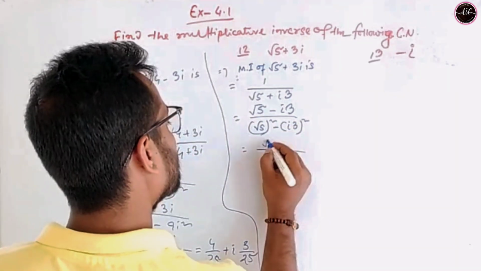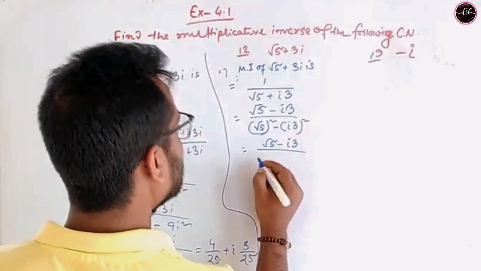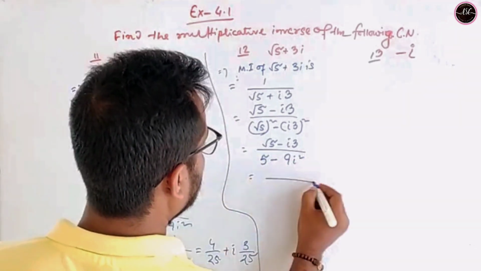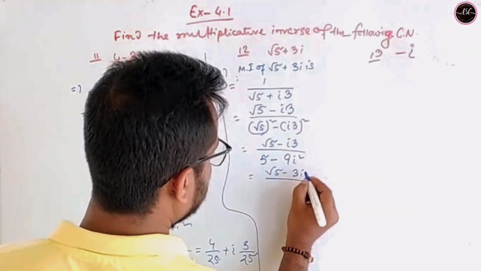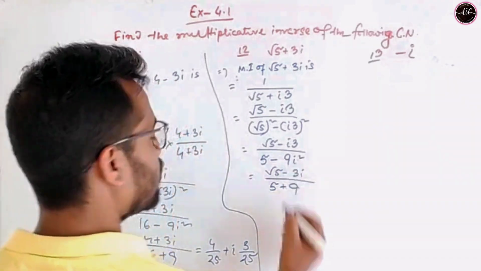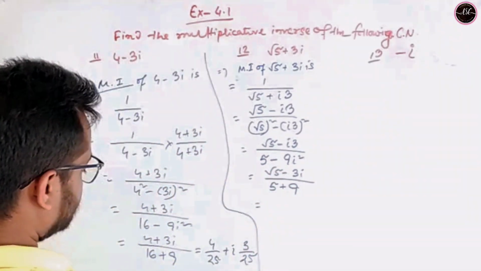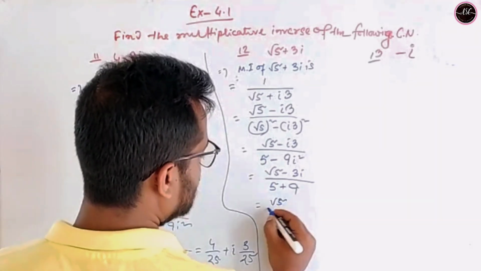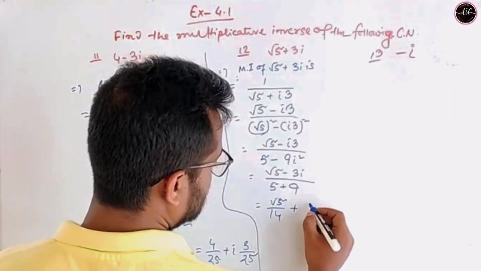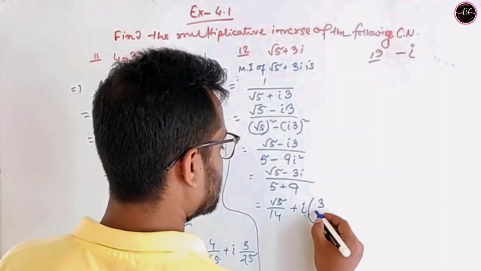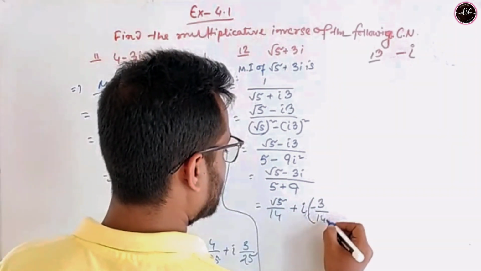We have root 5 minus i3, here 5 minus 9 i square. So we have root 5 minus 3i, 5 plus 9 as i square equal to minus 1, then minus 1 minus plus. So root 5 divided by 14 plus i dot minus of 3 by 14.